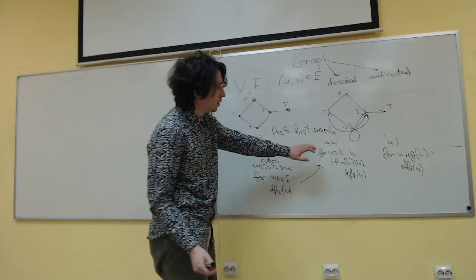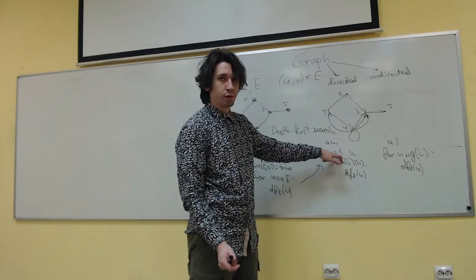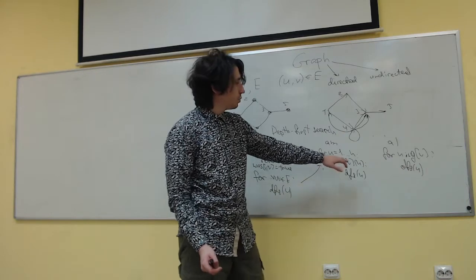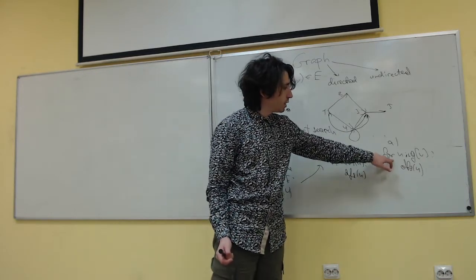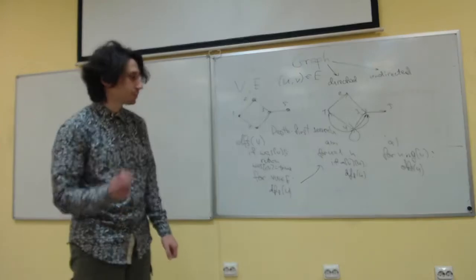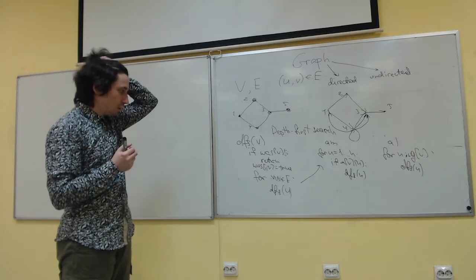Either we can do it with adjacency matrix like that: we should iterate over all possible vertices and check whether there is an edge between them. Or, in the second case, it's pretty simple: we just iterate over the linked list corresponding to this vertex.